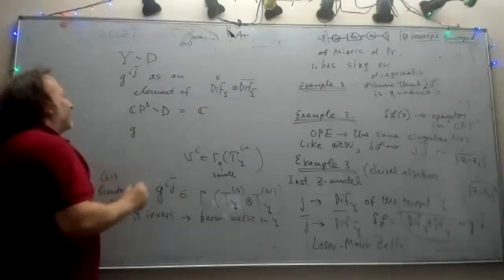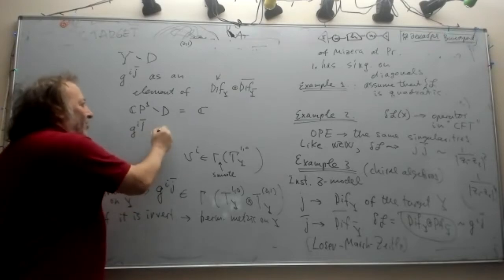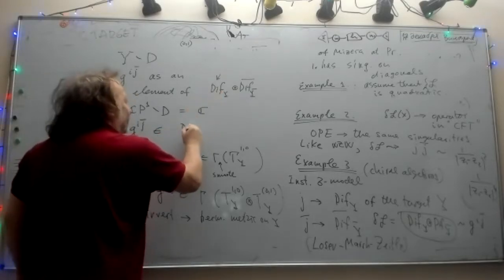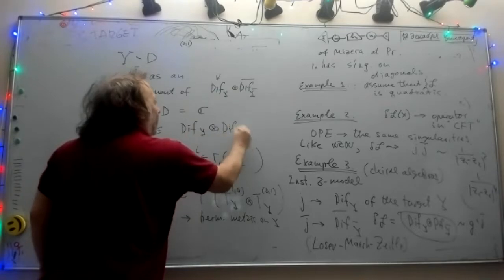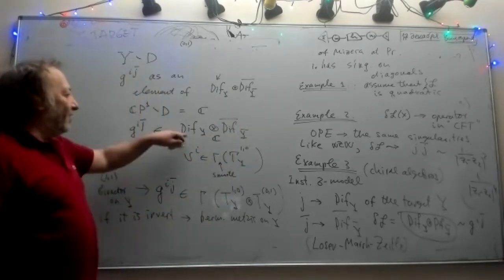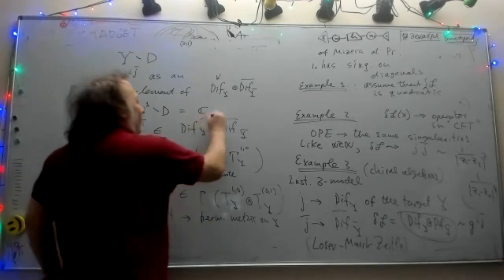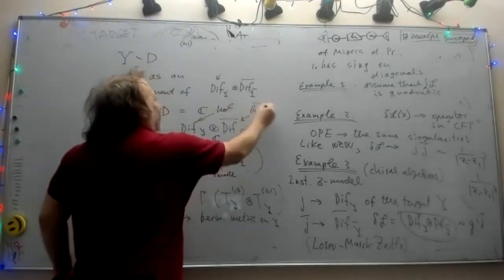And so I'd like to say that G^{i j-bar} belongs to this tensor product over C. And these are, of course, holomorphic, and this is anti-holomorphic.